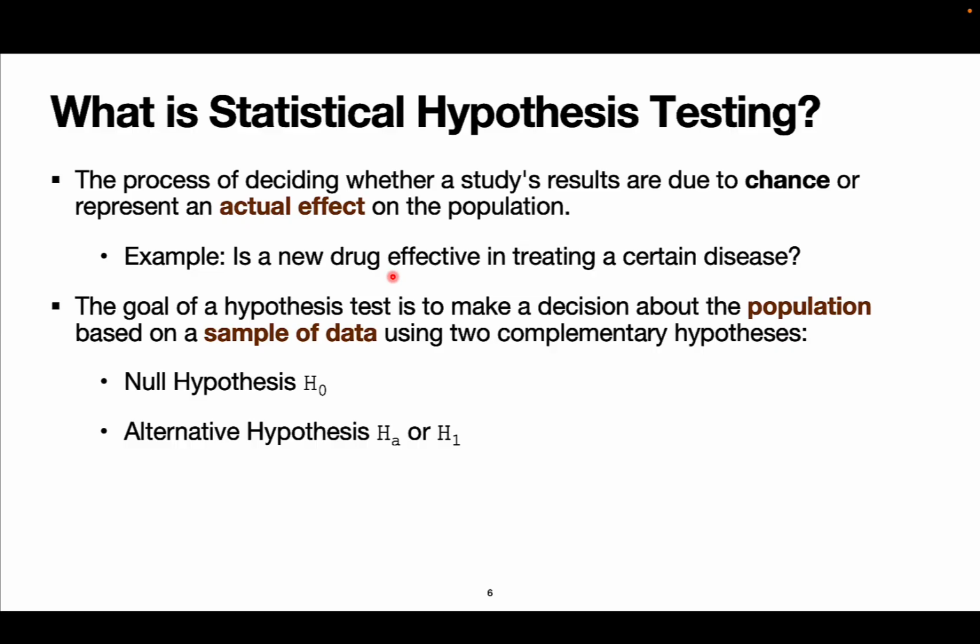Or are these results due to random chance? So ultimately, a hypothesis test's goal is to make a decision about the population based on a sample data using two complementary hypotheses, the null hypothesis and the alternative hypothesis.